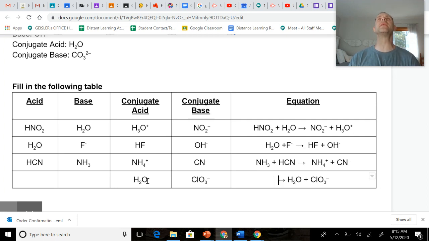What does that mean? Remember, the acid came from a base, came from a borrower. So if H2O used to be less than H plus. So how would I write H2O minus H plus?